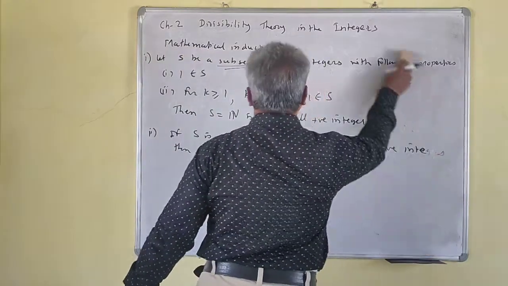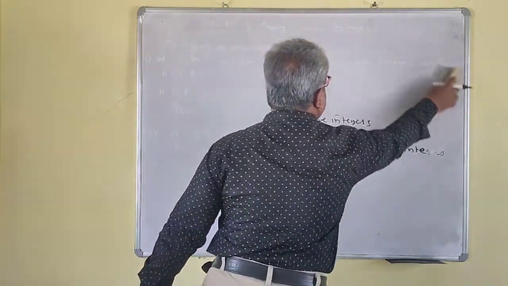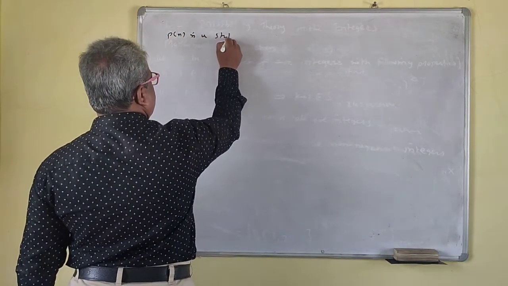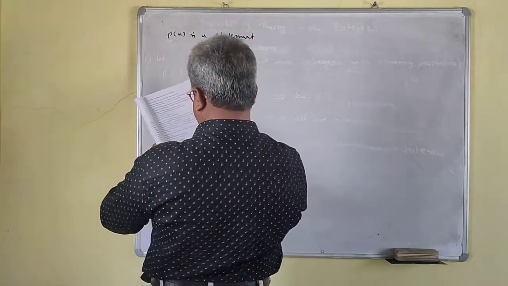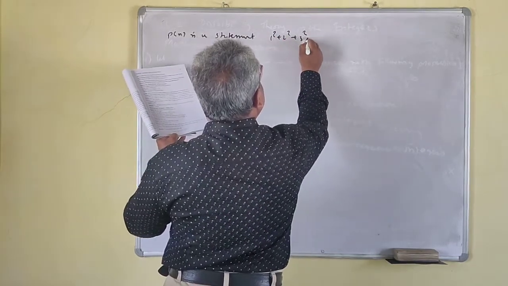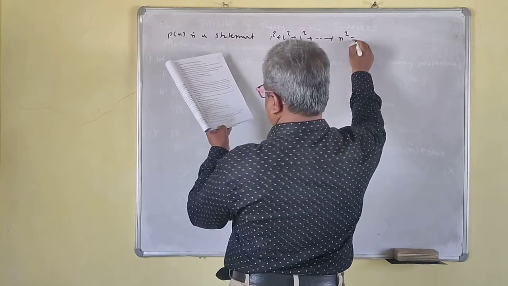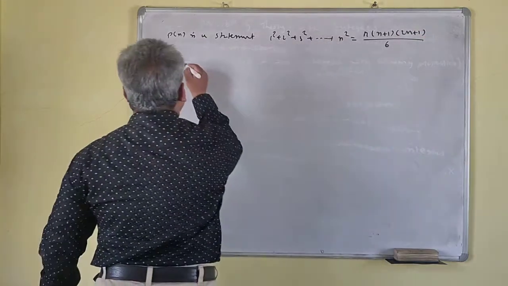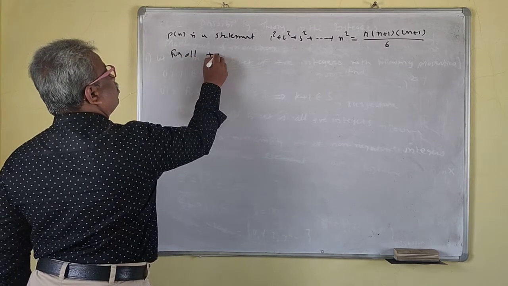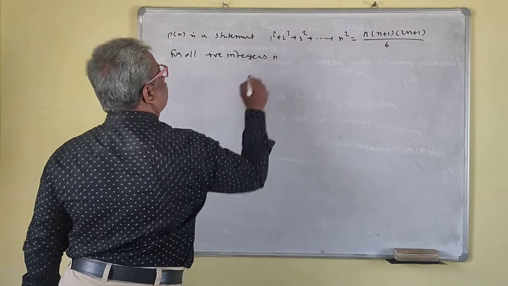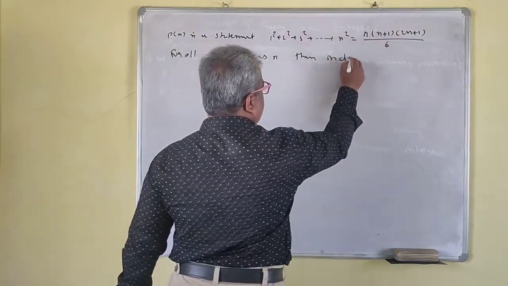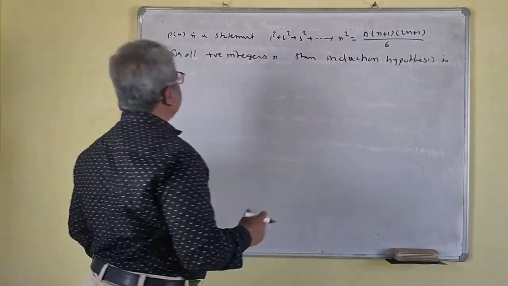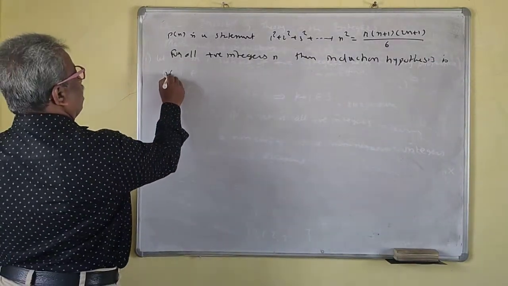Okay. Now suppose Pn is a statement: 1 square plus 2 square plus 3 square plus dot dot dot plus n square is equal to n into n plus 1 into 2n plus 1 upon 6, for all positive integers n. Then the induction hypothesis is, we apply it for all n greater than or equal to 1.